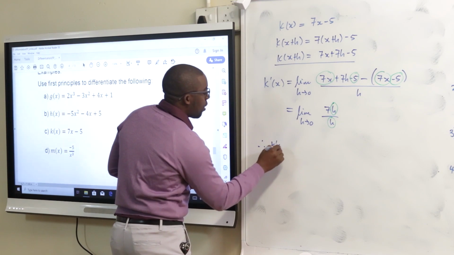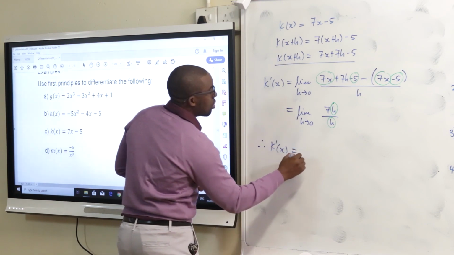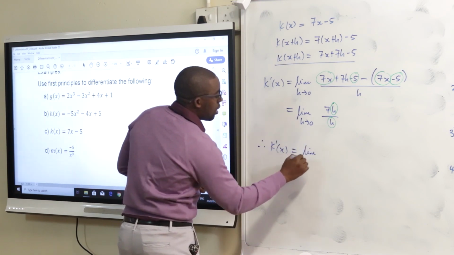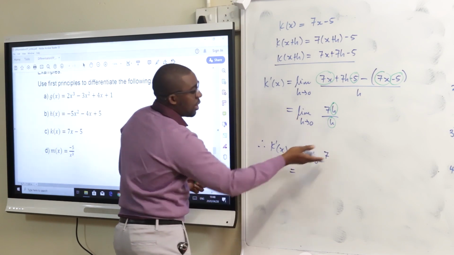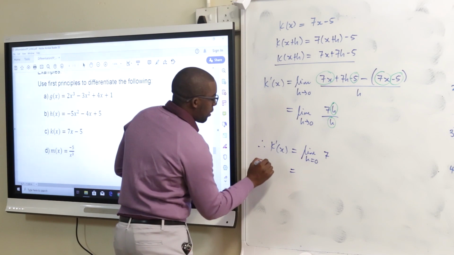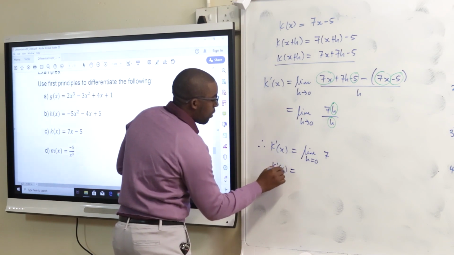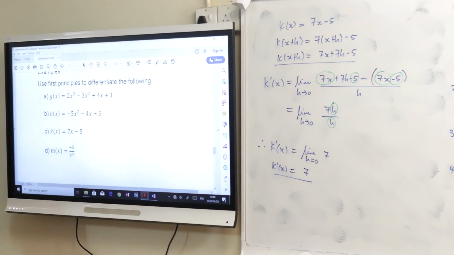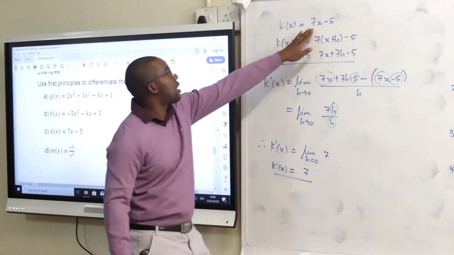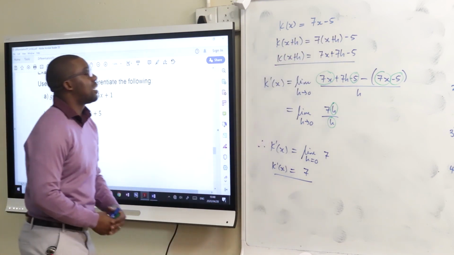Therefore, k prime of x is equal to the limit as h goes to 0 of 7. There is no h to substitute the 0. Therefore, k prime of x is just 7. This one is more straightforward because it's a linear function.